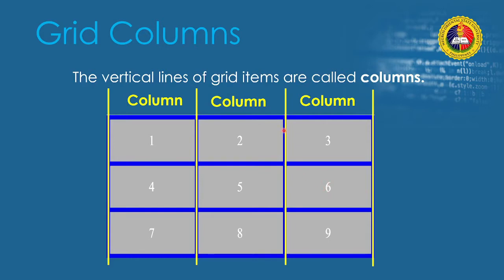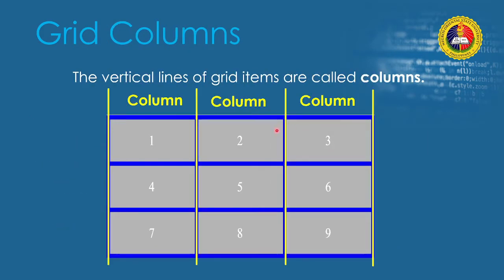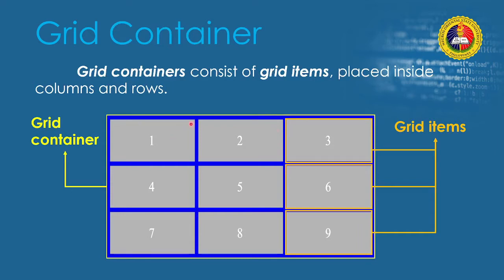Now we have the columns and the rows. Notice also that our boxes, our grid items, have gaps, right? For example, there is a gap between 1 and 2, 1 and 4, and the rest of the grid items.